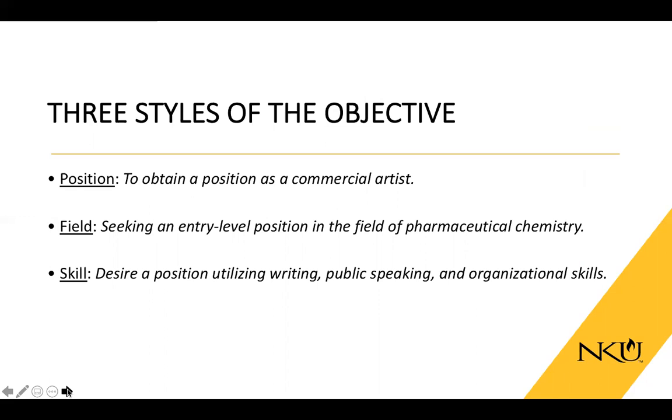I recommend stating the position when you are applying to a specific position and using the field or skill objective when attending a career fair with an unknown position in mind. You could also choose to combine the position and skill objective if you know the position you are seeking and know what skills you have to offer for that position. If you have a lot of experience, you may want to use a professional summary instead.